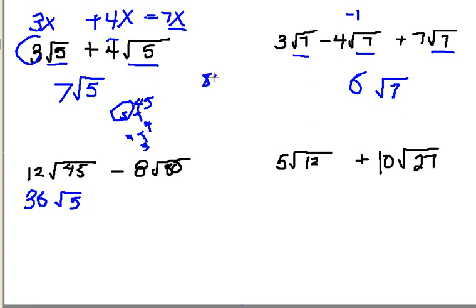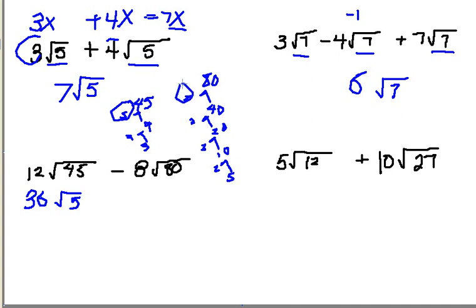If I look at 80, I can break it down into 2 and 40. 40 I can break down into 2 and 20. 20 I can break down into 2 and 10. And 10 I can break down into 2 and 5. Now anything that occurs twice comes out front once.